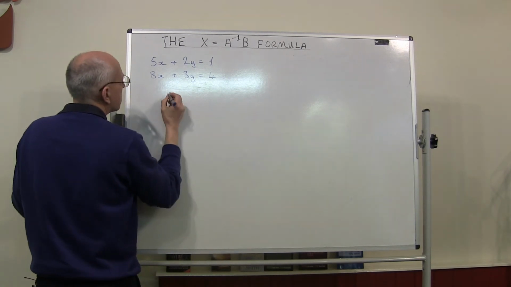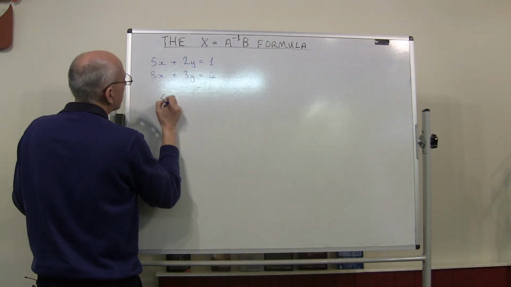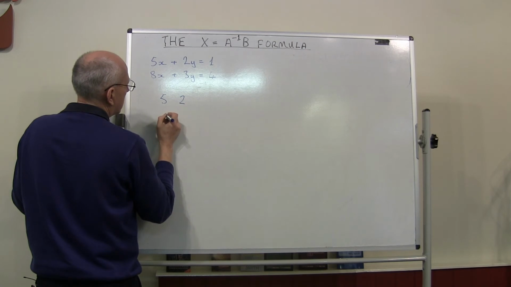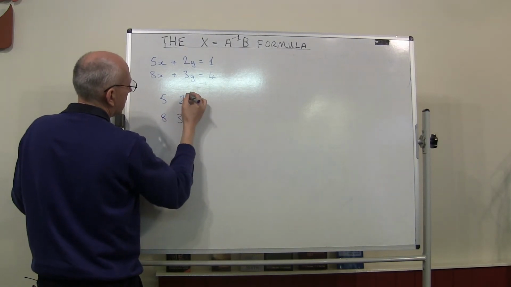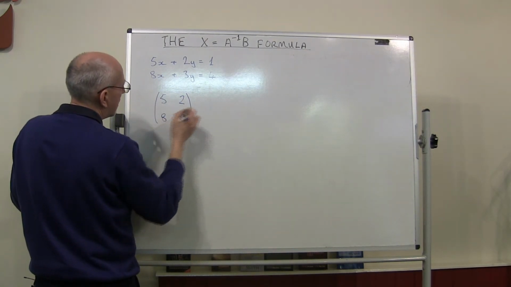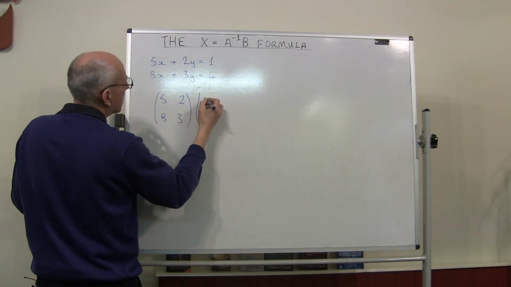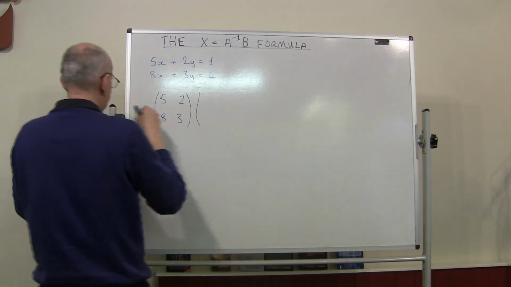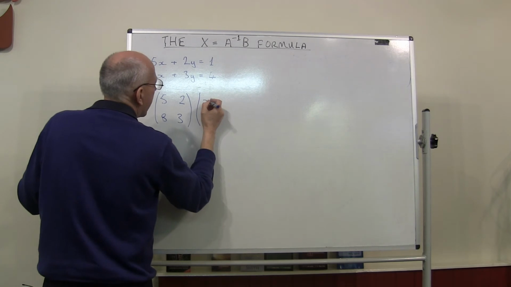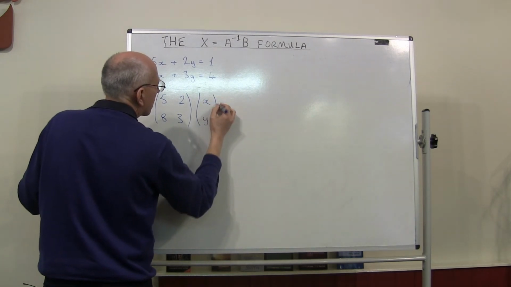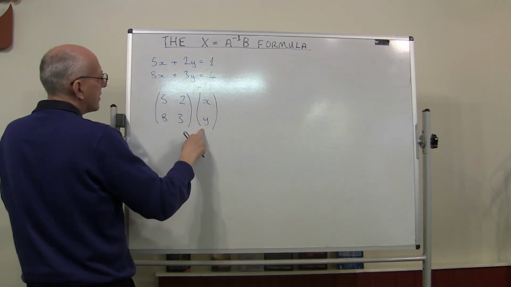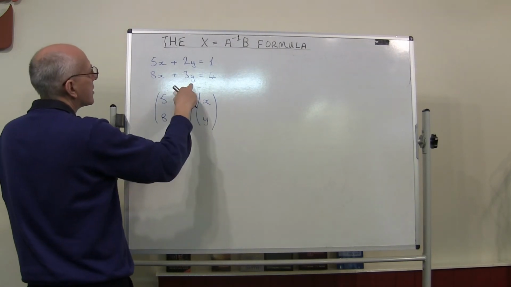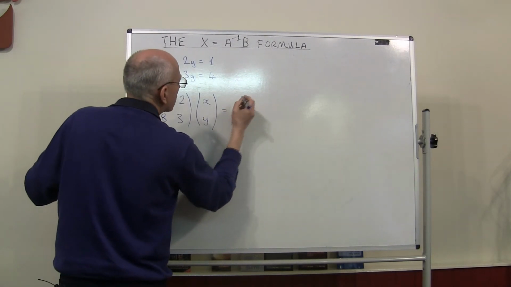This part can be split up like this. So 5, 2, 8 and 3, multiplied by x and y. Multiply that out as a matrix and I'd get back to this part, and we know that this equals 1 over 4.